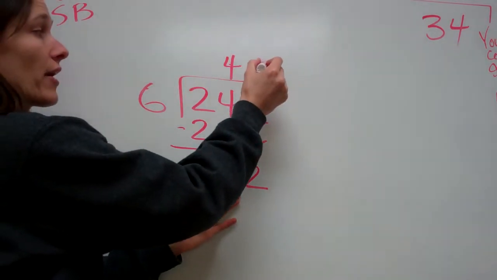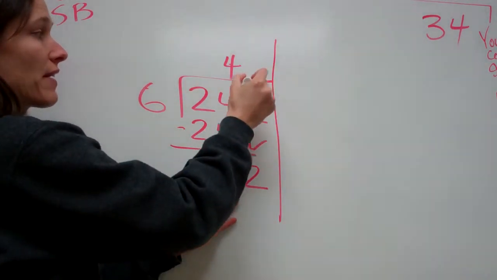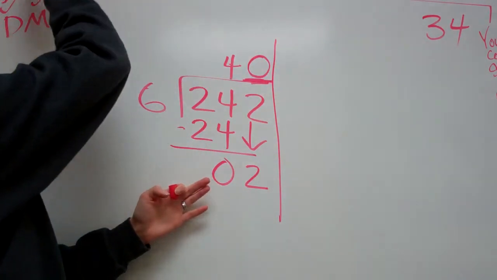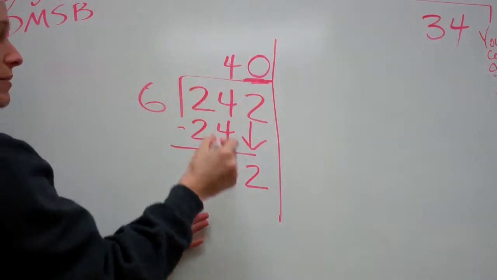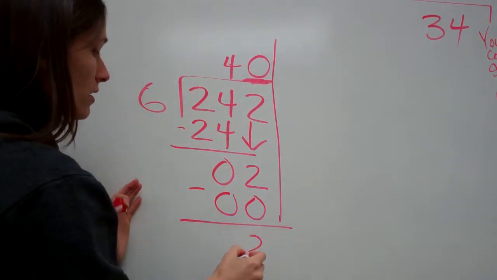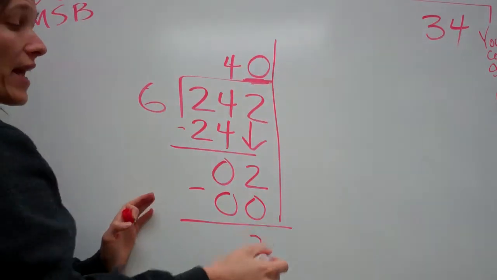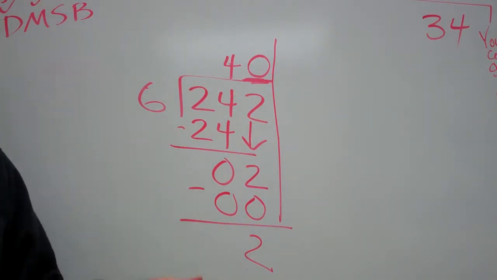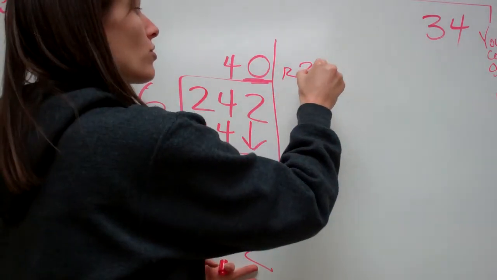Remember how I told you you have to have something that ends. So we have to have 0. Now 0 times 6 is 0. Now we're going to subtract. And then we're going to bring down. Once I cannot bring anything else down, I know I'm done. I can't bring anything else down, so it's remainder 2.